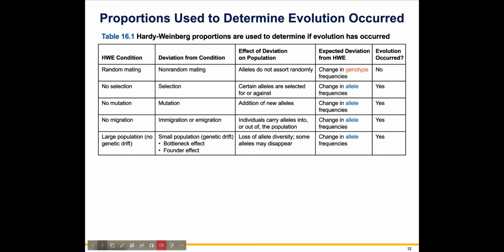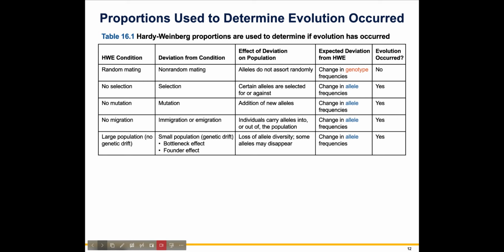If there is no natural selection, the deviation is that there is selection, and certain alleles will show up more. It will change our allele frequency, and we would calculate that yes, there's a change to Hardy-Weinberg equilibrium and evolution has occurred. There's no mutations is the condition. Well, the other thing that could happen is there are mutations. We would get new alleles that changes our allele frequency, and yes, evolution has occurred.